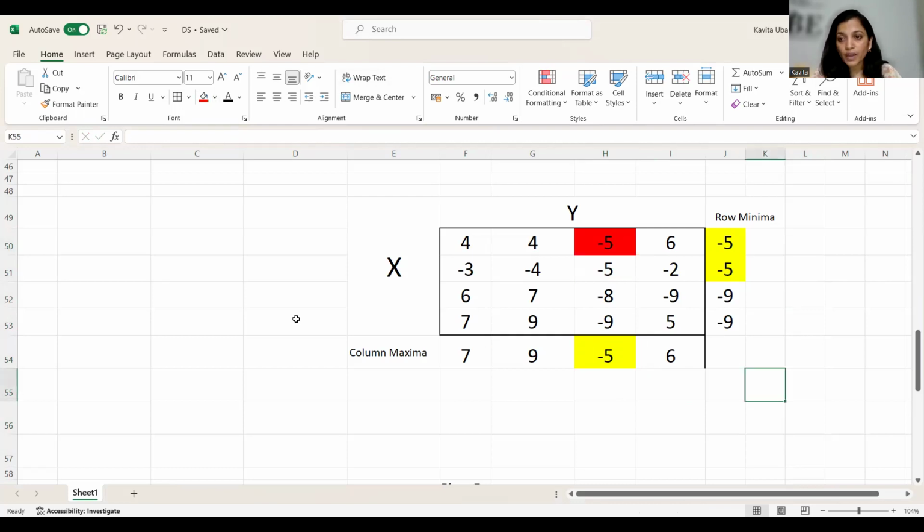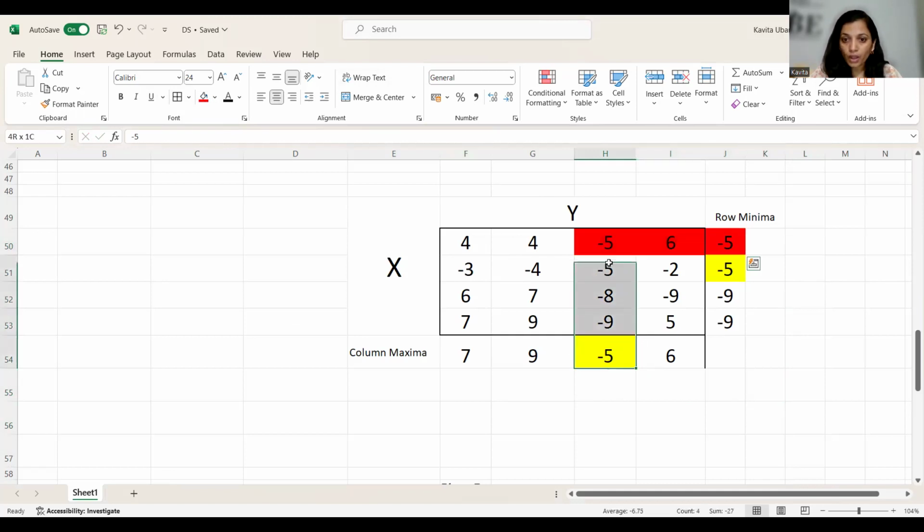The -5 row is row 1, and the column is 3, first row, third column. So that is x13, and the value is -5, as it is the intersection of the first row and third column.